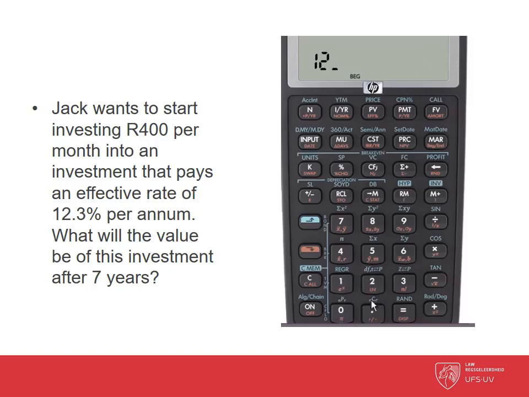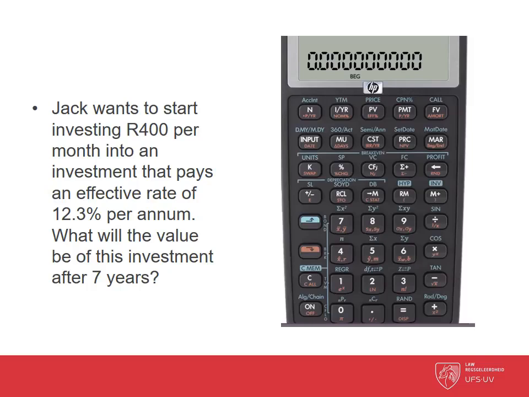So I'm going to put in 12.3%, second function, giving the calculator the effective interest rate, and I want to know what the nominal rate is, and you can see it's 11.66%. Okay, so now I have my nominal percentage rate.